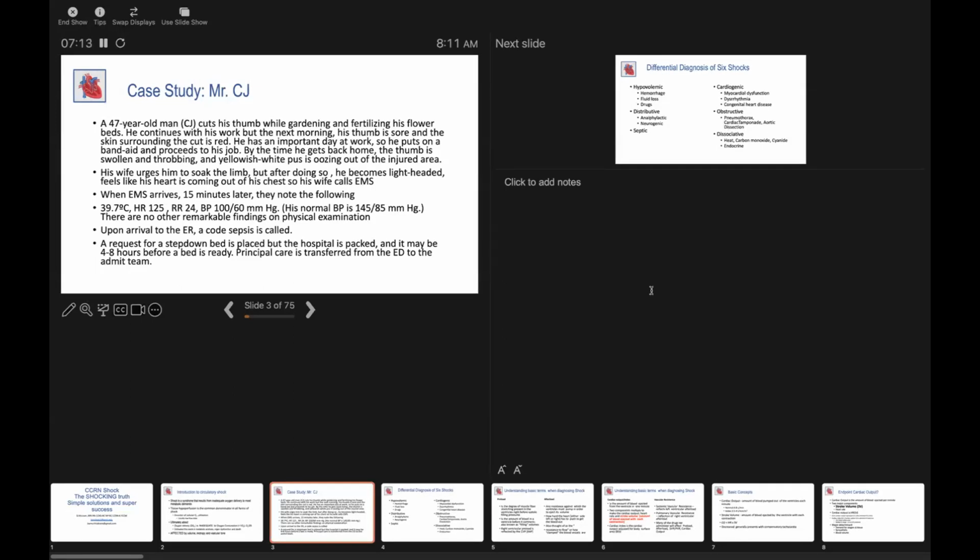This is what they see. Temperature is 39.7, heart rate 125, respiratory rate 24. Right away, you're concerned. He's got a temperature, he's tachycardic, and he's tachypneic, which always indicates, no, not always indicates sepsis. It always indicates that you have a process.